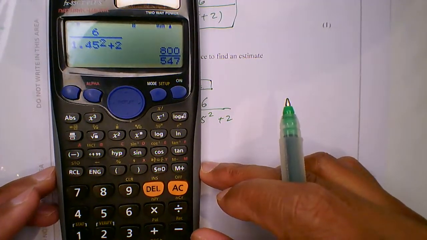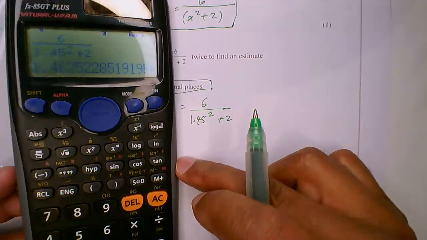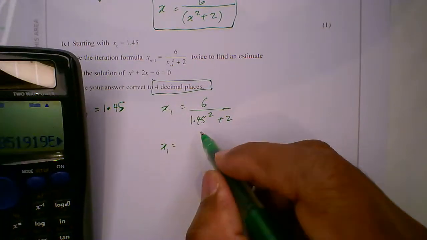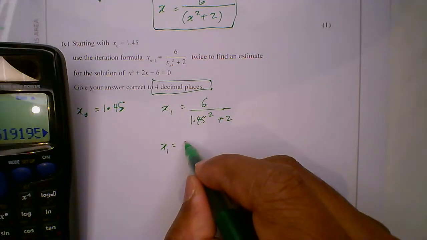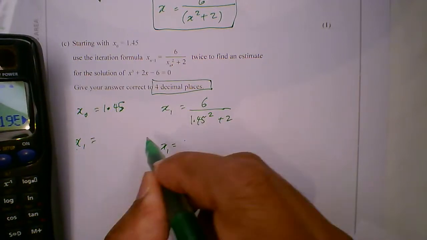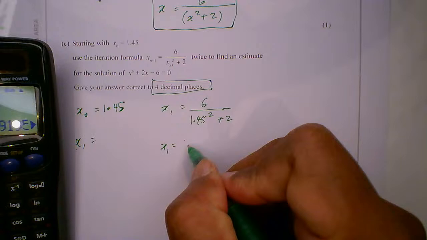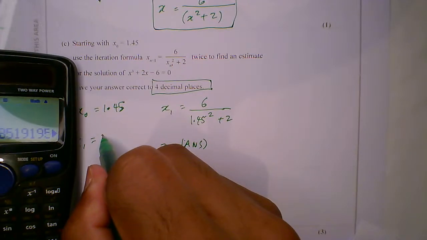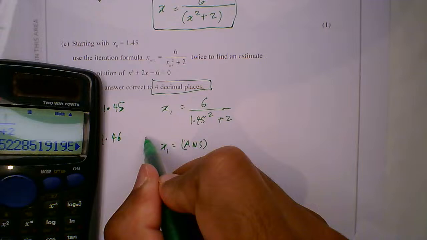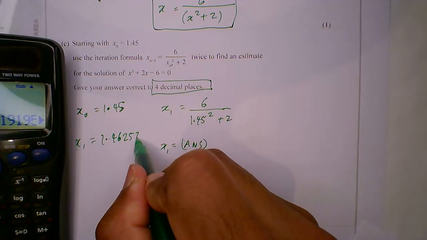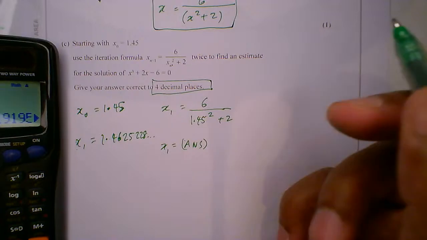That gives me this. I'm going to use the answer button in a second. I'm just going to write this down so that you can see everything: 1.4625228 and it carries on.